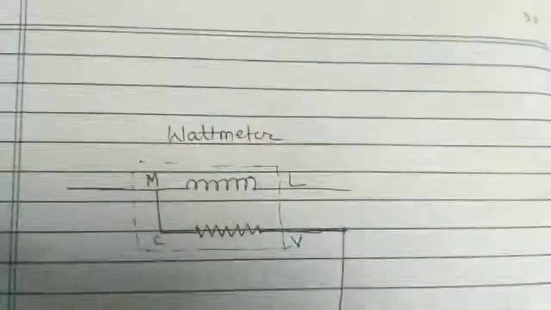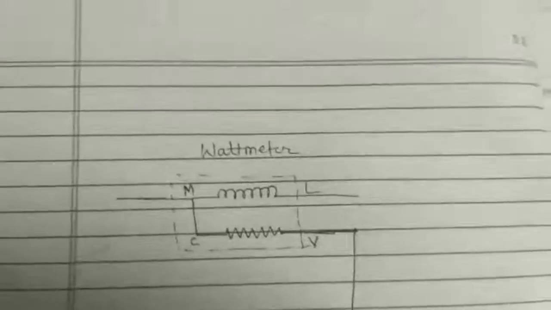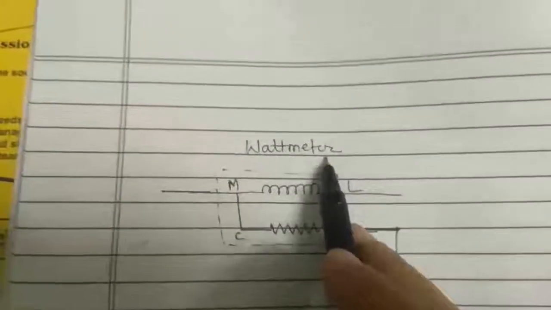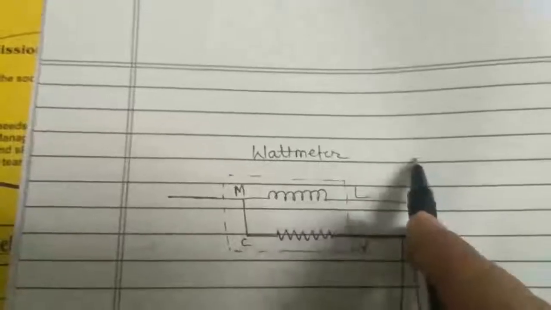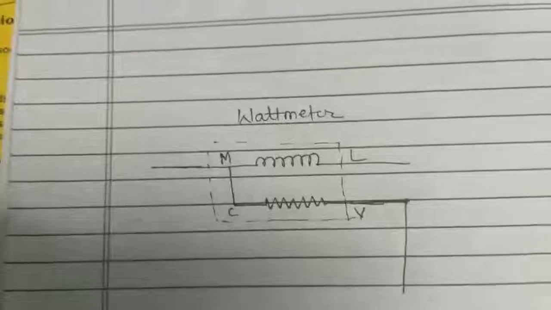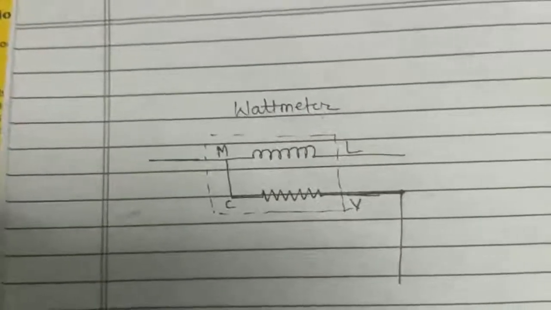Here you can see the wattmeter is nothing but a four terminal instrument, which will measure the power. The wattmeter is the unit meter for measurement of power. Power in AC is nothing but VI cos phi, so V as well as I should get measured by this meter.